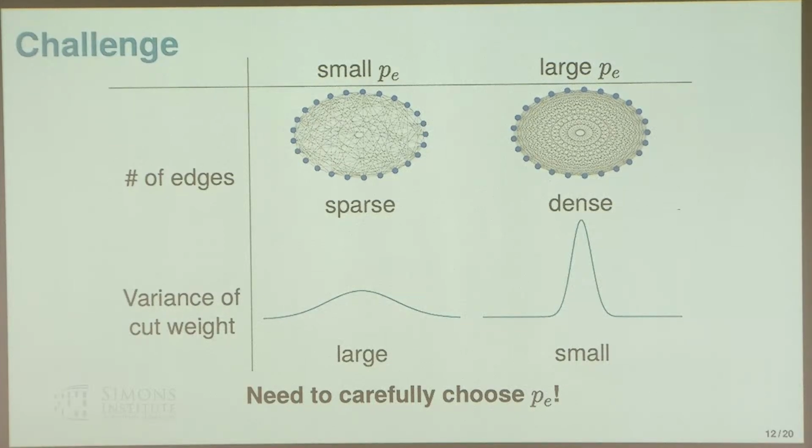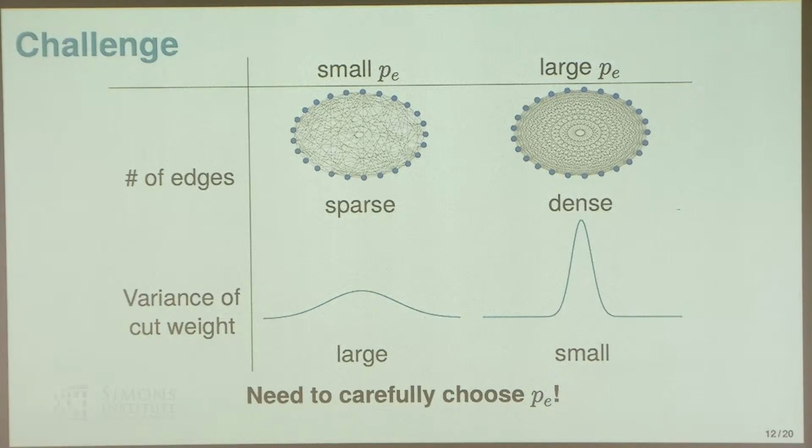So we need to carefully choose P_e. For example, in the graph case, if you have a bridge which has cut value of 1, you need to always keep it to preserve the cut value, because there is a cut of size 1 crossing that edge.